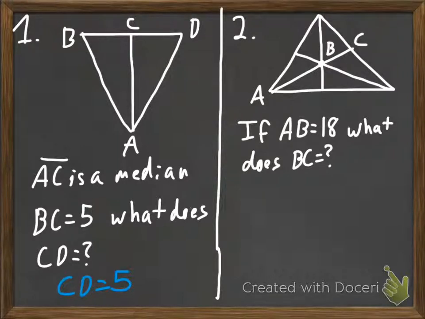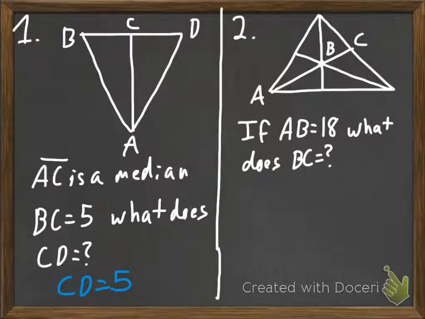Next we have all 3 medians in number 2, and we see that B is the centroid. We know that AB equals 18, and we want to know what BC equals. Well, there's not a formula to figure that out directly.